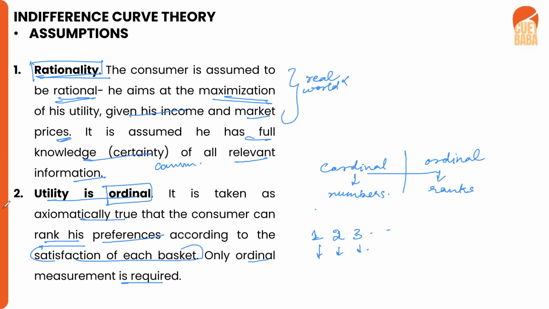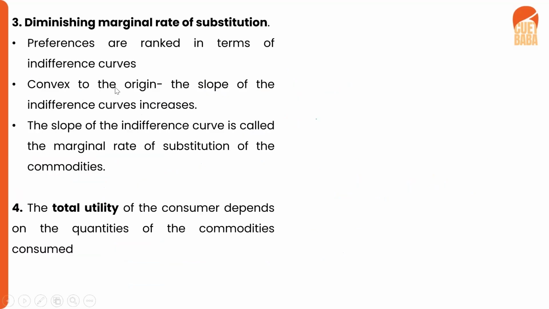Okay, moving on. The diminishing marginal rate of substitution, which we had mentioned earlier, that is sacrificing one commodity and gaining more of another commodity. That is, preferences are ranked in terms of indifference curve, and it is convex to the origin. And the fourth one is the total utility of the consumer depends on the quantities of the commodities that each consumer has consumed.